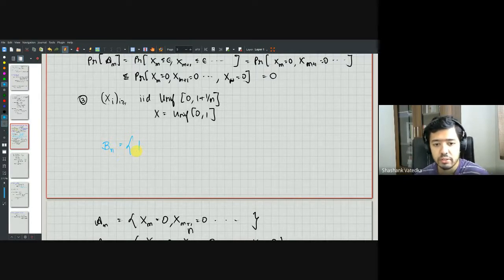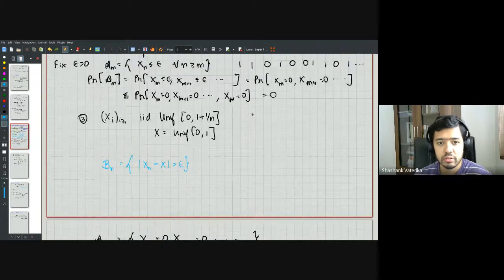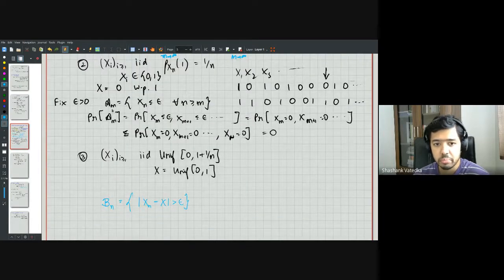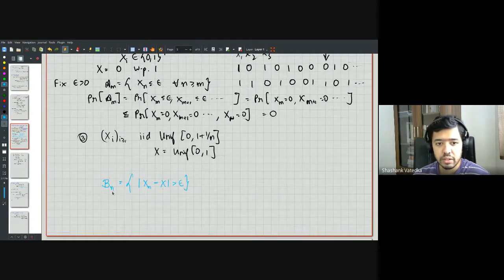So if I define the event Bn, and Bn is the event that the absolute value of xn minus x is greater than epsilon. So if event Am is to happen, then none of the events Bn for n greater than or equal to m must happen. Do you agree?